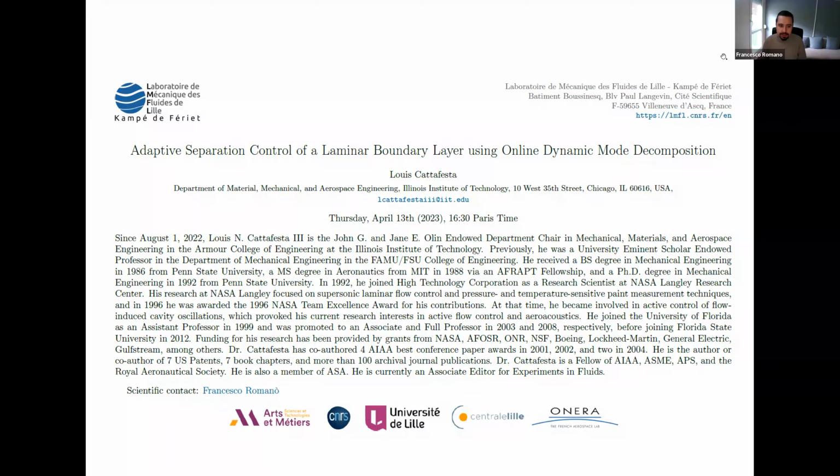Since August 1st, 2022, Luis Cattafesta III is the John and Jane Olin Endowed Department Chair in Mechanical, Materials and Aerospace Engineering in the Armour College of Engineering at the Illinois Institute of Technology. Previously, he was an Eminent Scholar and professor in the Department of Mechanical Engineering in the FAMU-FSU College of Engineering.